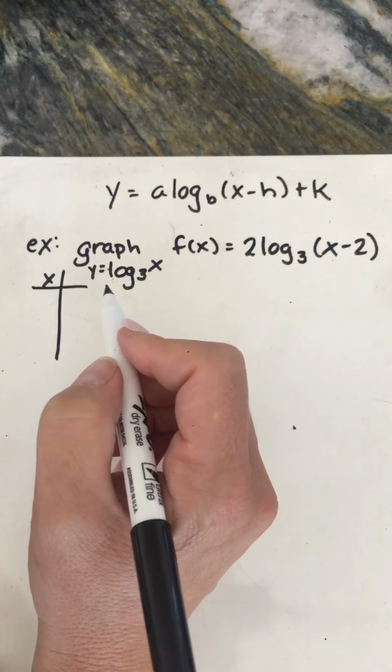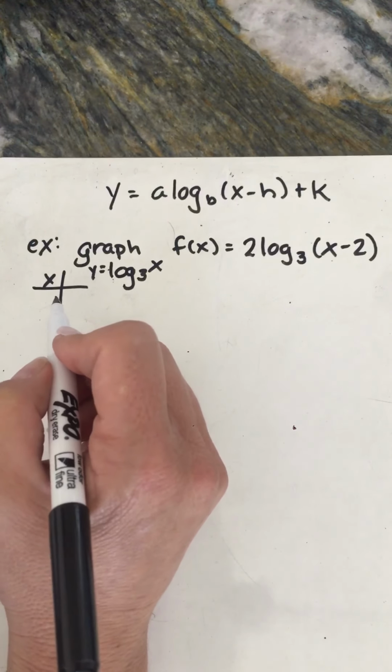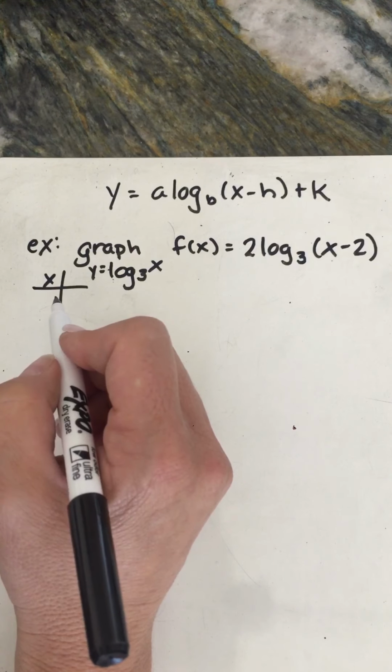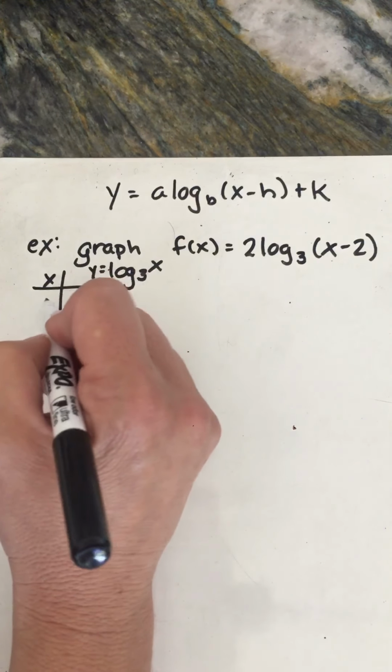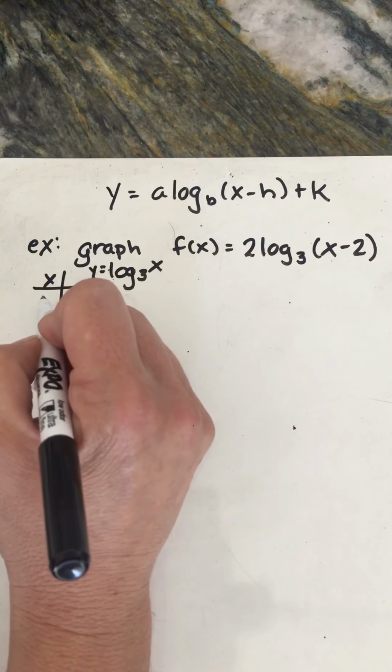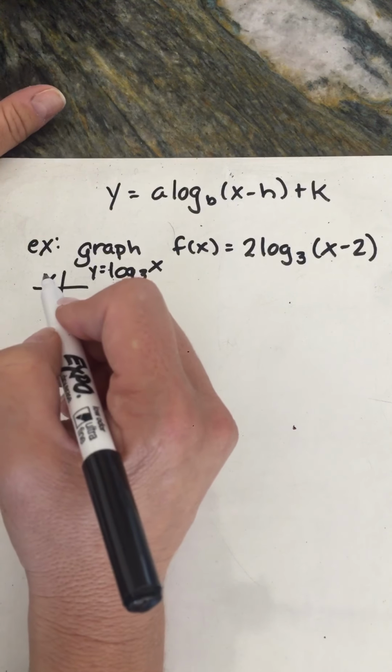So x, we said, let's let x be the values we chose last time. Sorry, I lost my piece of paper, it blew away.